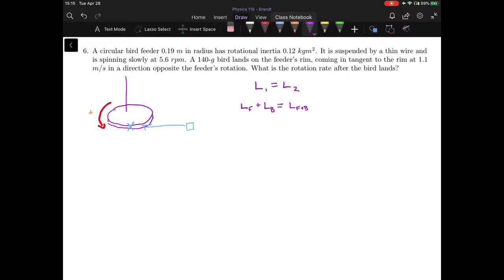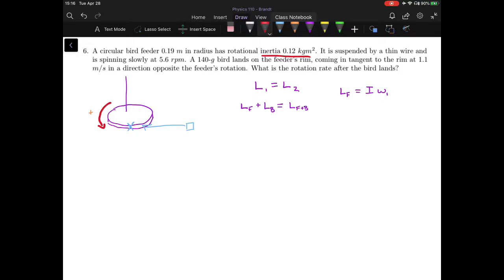So we need to look at each of these individually and figure out what they're going to be. Well, let's start with the feeder. Our angular momentum for the feeder, because it's an object and it's spinning, we're going to use the equation L = I omega. So this is going to be our initial spin times I. In our problem, we're given the rotational inertia here.